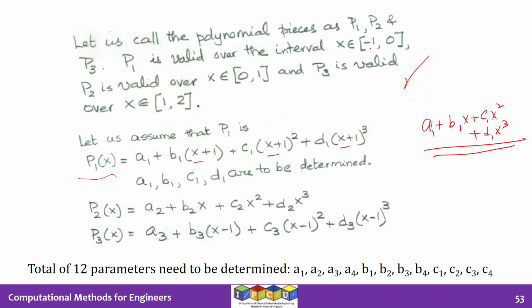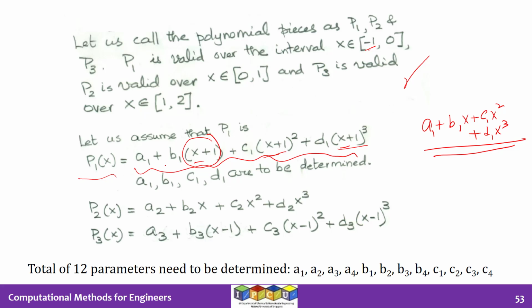So when you take x equal to -1, with this polynomial that has been assumed, x plus 1 will become 0. If x is equal to -1, x plus 1 will be 0, and (x plus 1) squared will be 0 and (x plus 1) cubed will be 0 at x equal to -1. Therefore, P1 at -1 will be equal to a1. So readily we can find out the value of a1. That's the reason why the polynomials are assumed to be of this form. So there are 4 parameters a1, b1, c1 and d1 that need to be determined.